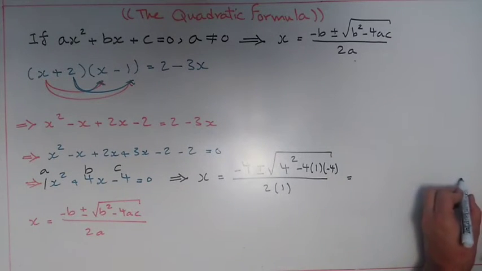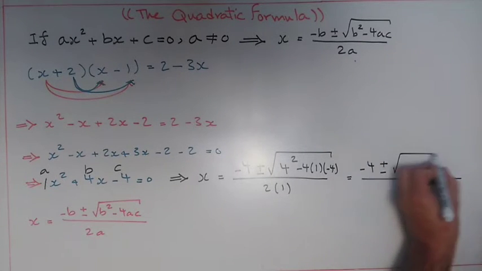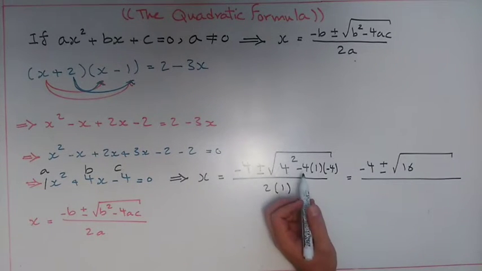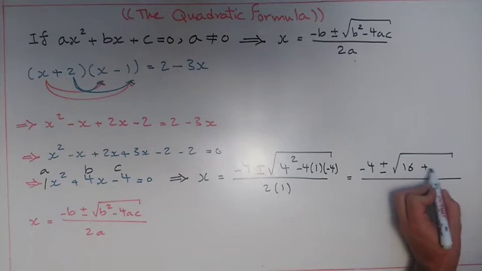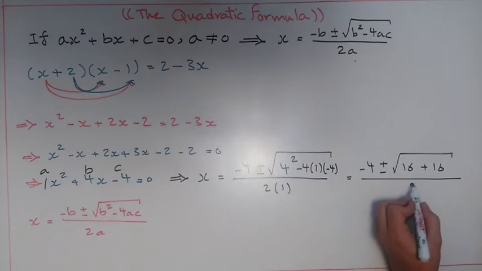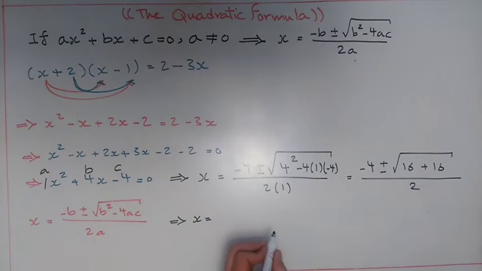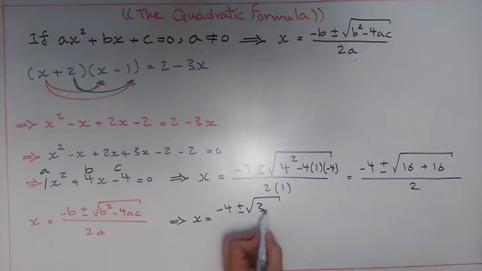It equals negative 4 plus or minus the square root of 16, which is 4 to the power of 2. Okay, negative 4 times 1 is negative 4, and negative 4 times negative 4 is positive 16. And this is 2. Therefore, x equals negative 4 plus or minus square root of 32 over 2.